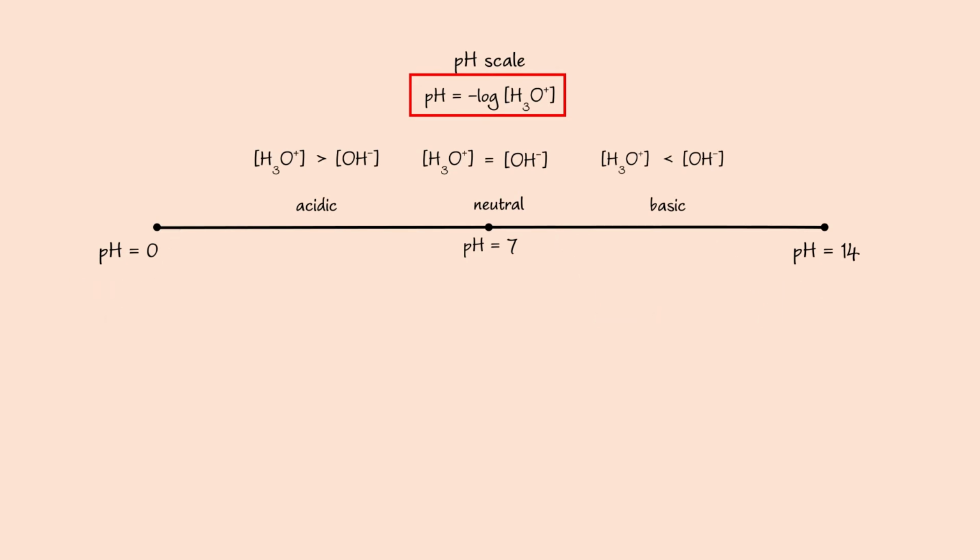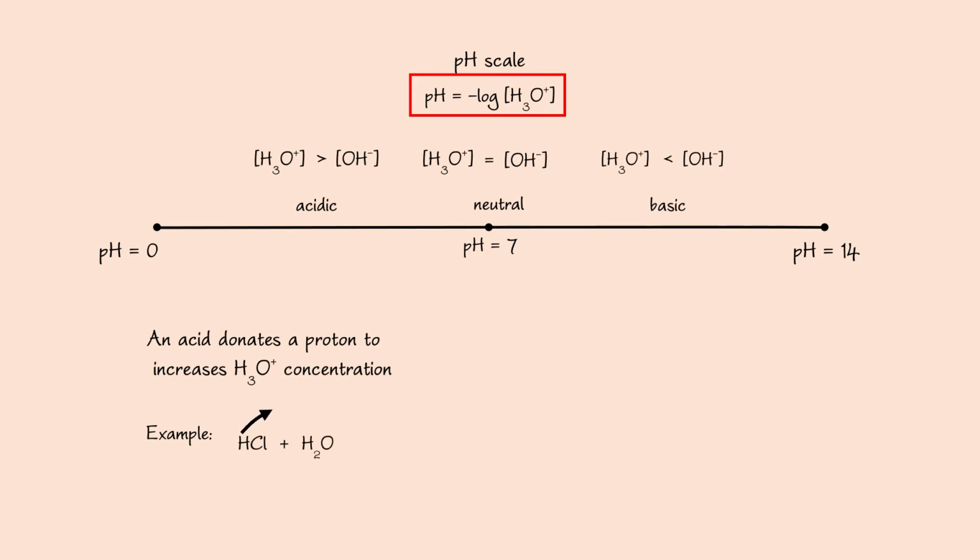Now let's discuss how the addition of an acid or base affects pH. An acid donates a proton to increase the hydronium concentration. This decreases the pH. An example is hydrochloric acid, which donates its proton to water to form hydronium and a chloride ion.